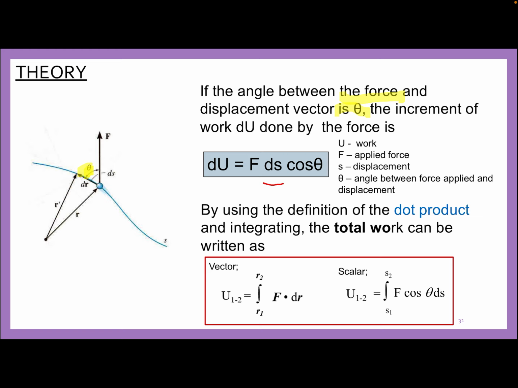Or by using the definition of the dot product and integrating, the total work done can be written as work done from 1 to 2 equal to the integral from r1 to r2 of F dr, or scalar work done from 1 to 2 equal to the integral from s1 to s2 of F cos theta ds.